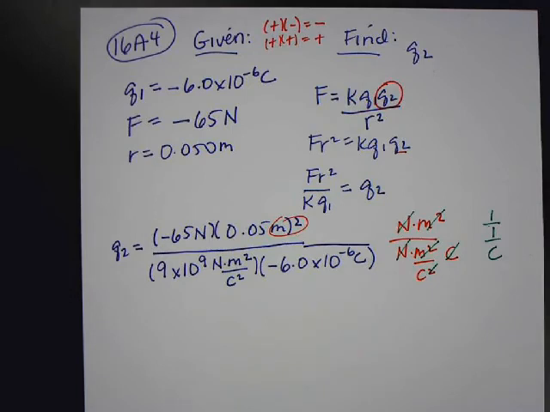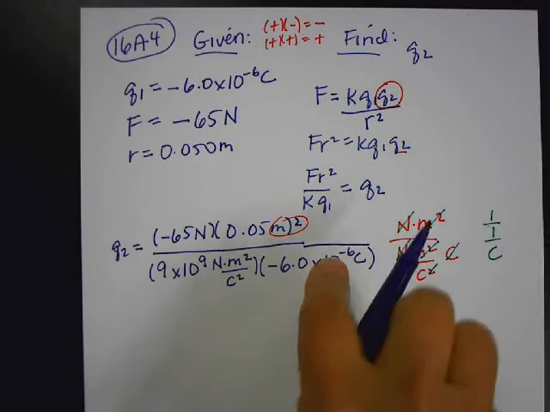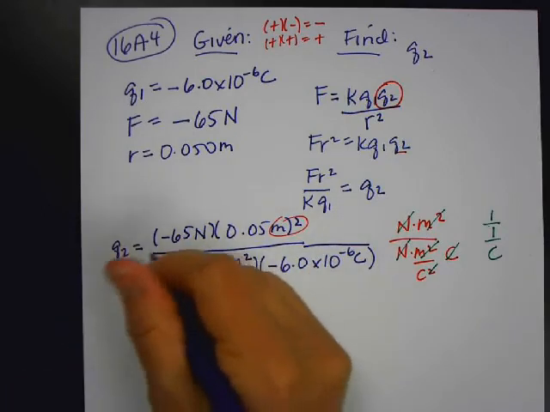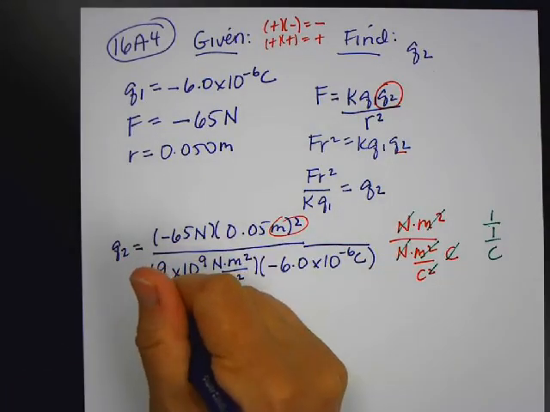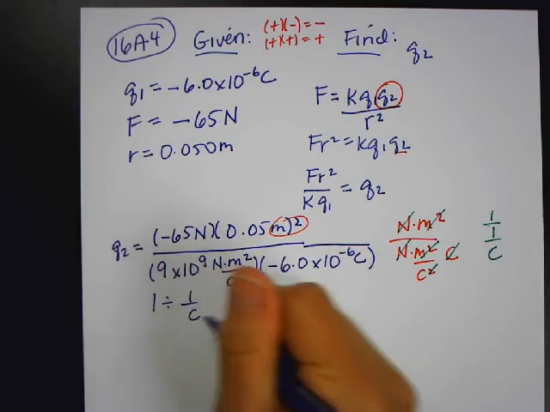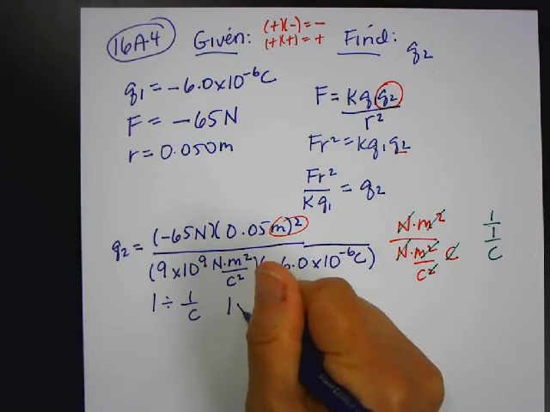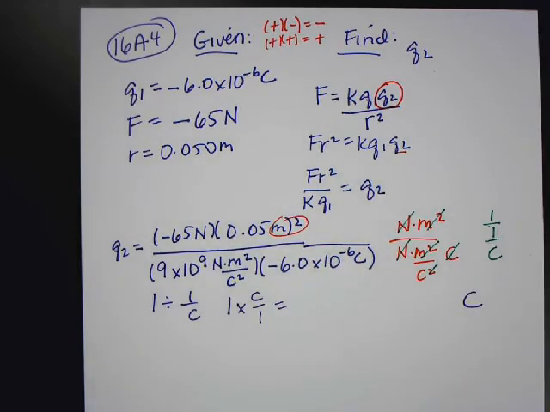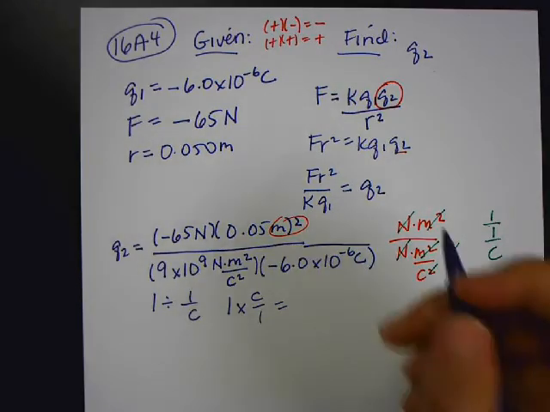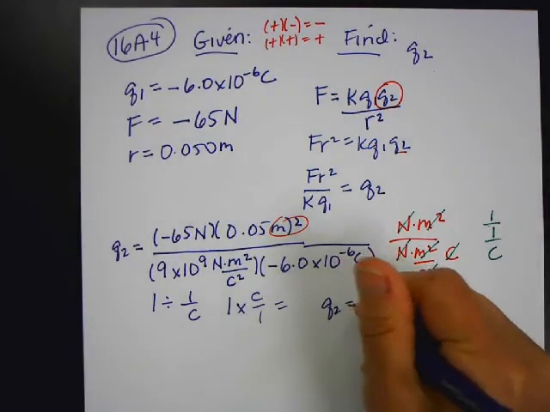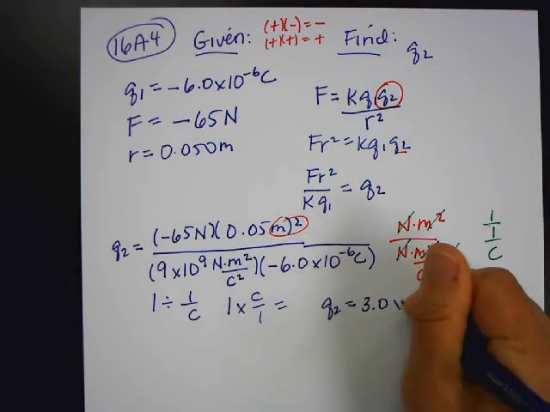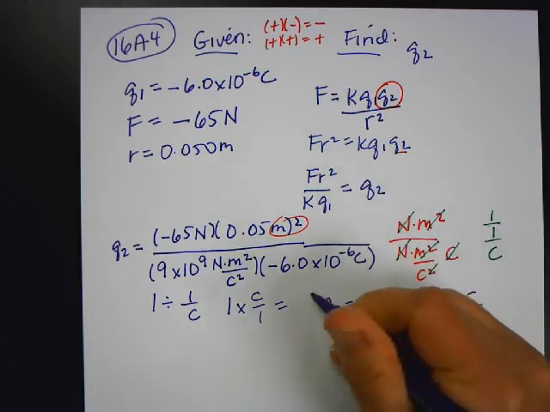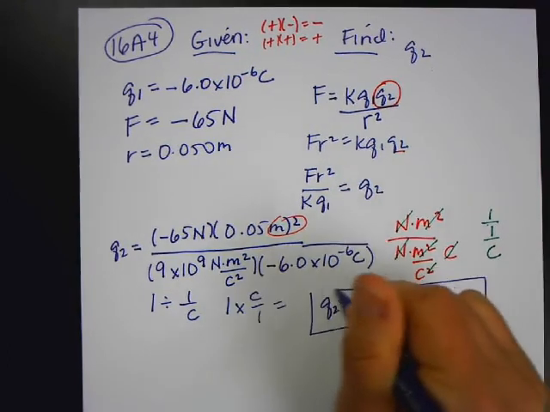And remember, when you're canceling units on your own, you won't write it like this; you'll just do it on your paper in the equation. So 1 divided by 1 over a coulomb is the same as 1 times a coulomb over 1. So my final unit comes out to be coulomb, which is correct for charge. And when I do the math, Q2 is equal to 3.0 times 10 to the negative 6 coulombs. And that's my final answer.